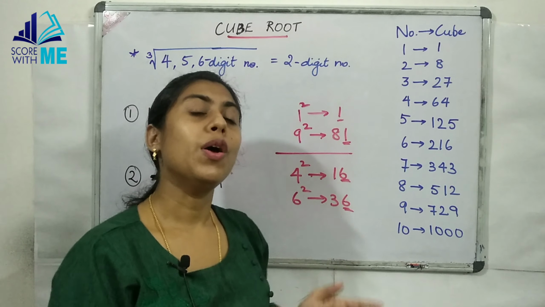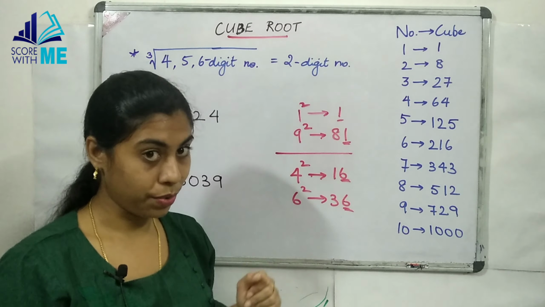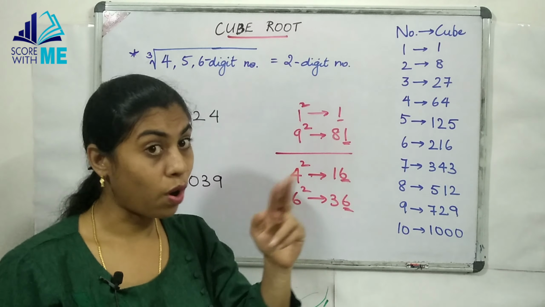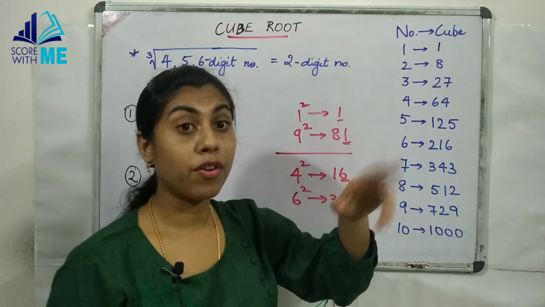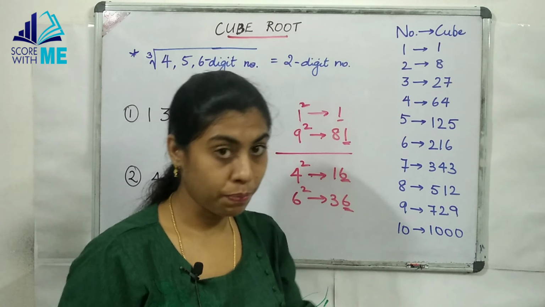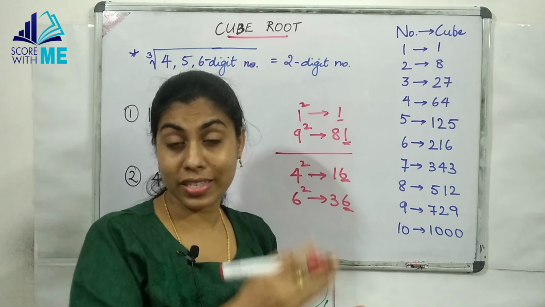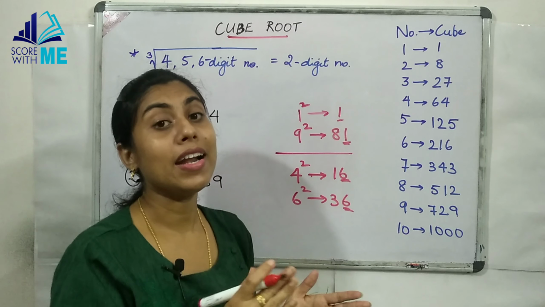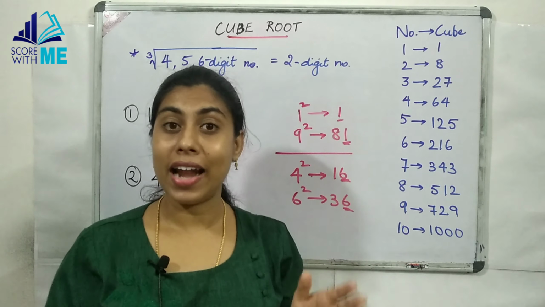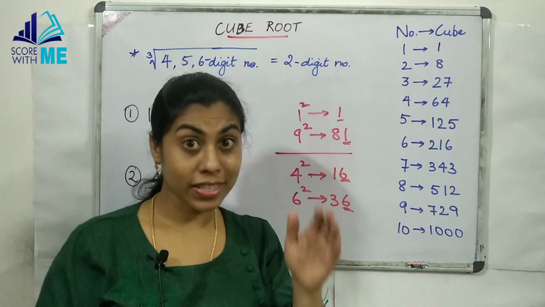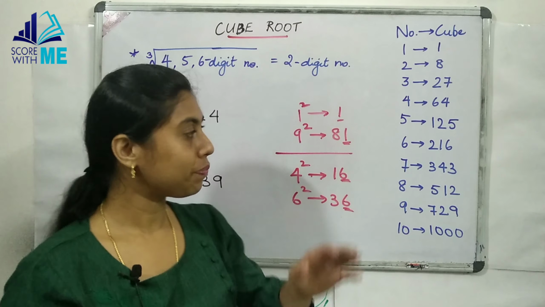Finding the cube root will take just half the time that we take for finding square roots, because there we had two options. But in cube roots, since no numbers have a repeated units place, the work that we need to do decreases by exactly half. So that is the reason why finding the cube root is much easier and takes just half the time when compared to finding a square root of a number.